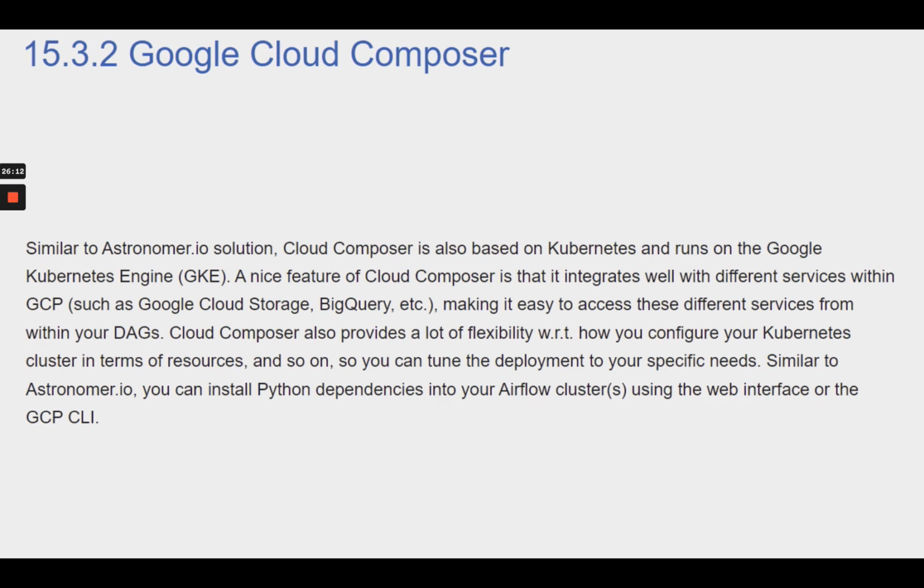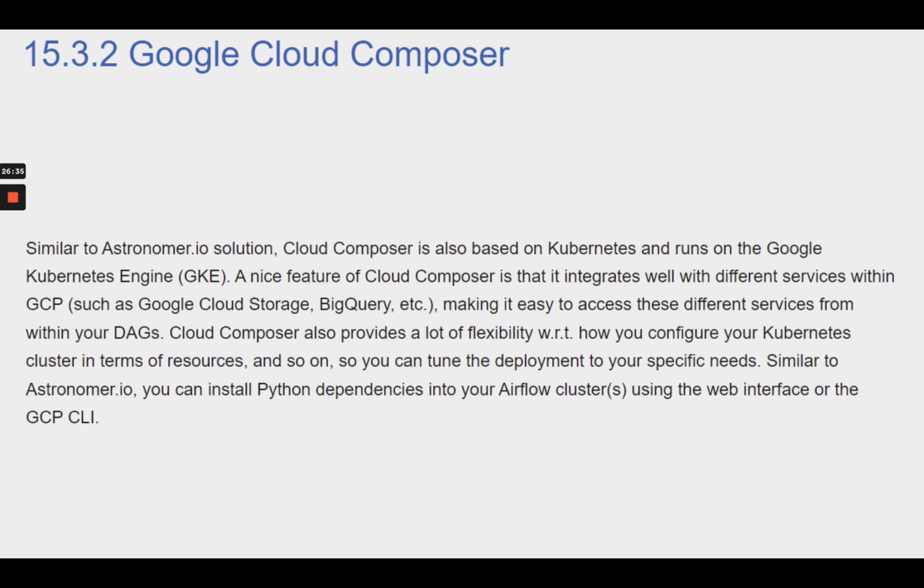Similar to the Astronomer.io solution, Cloud Composer is also based on Kubernetes and runs on the Google Kubernetes Engine, GKE. A nice feature of Cloud Composer is that it integrates well with different services within GCP, such as Google Cloud Storage, BigQuery, etc., making it easy to access these different services from within your DAGs.